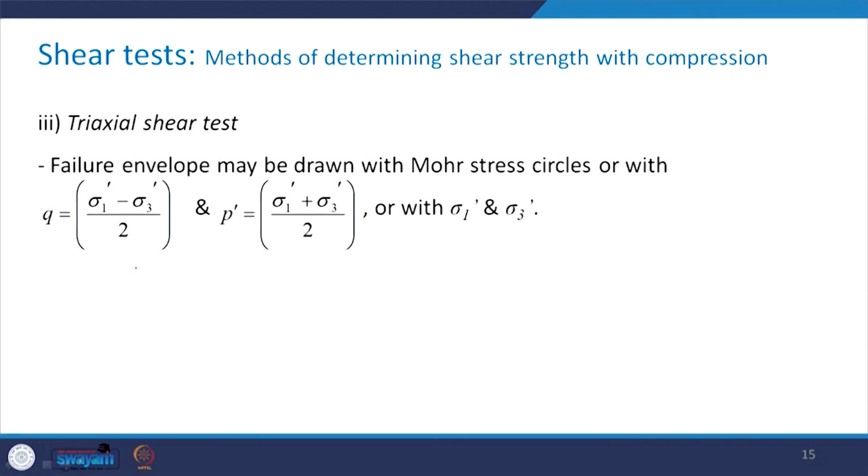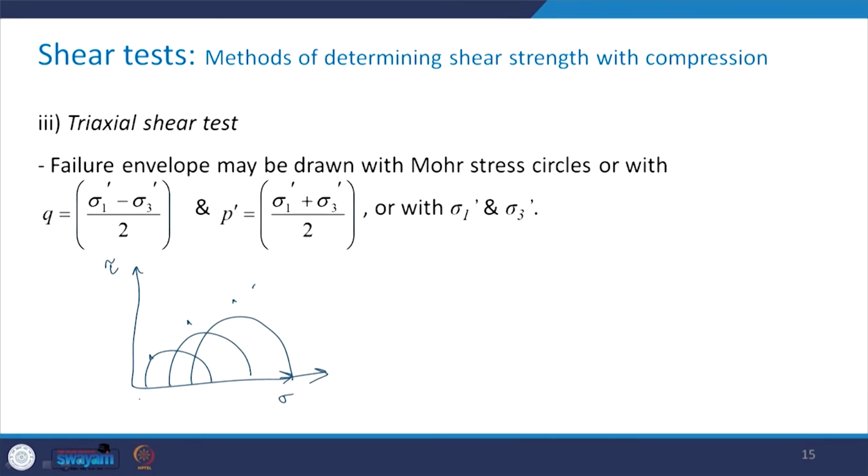You see that you have here on the x axis the tau, and here you have your sigma, and then you can have maybe more circles like this for the different confining pressures.